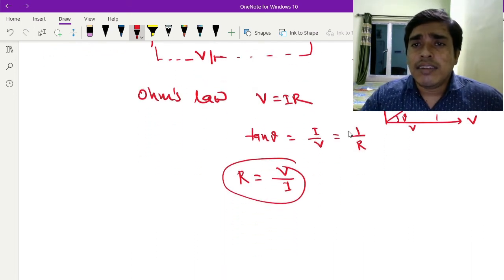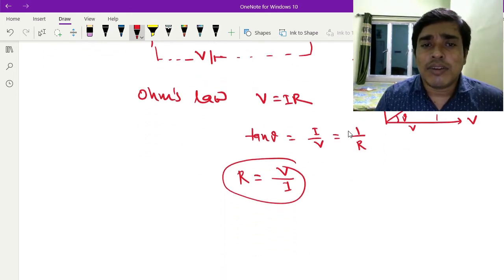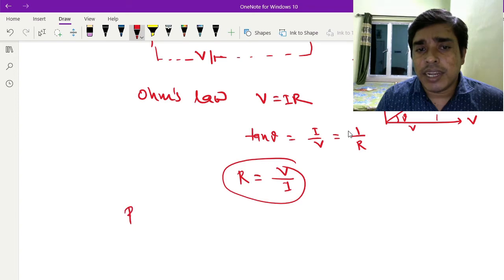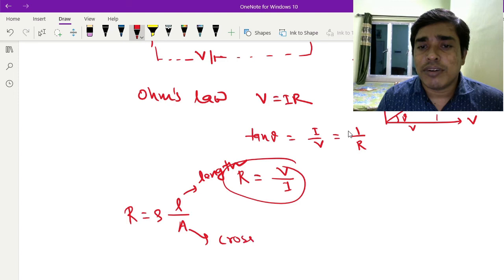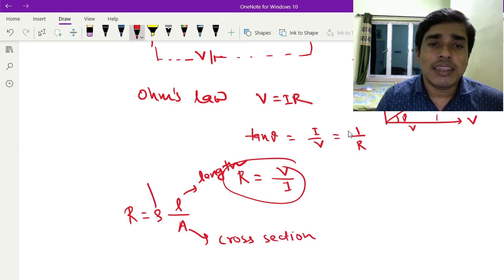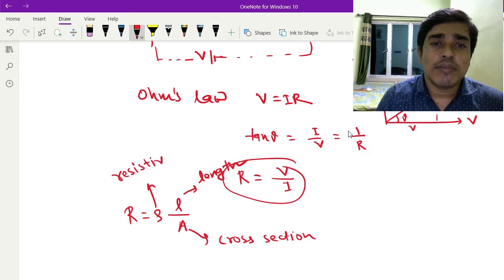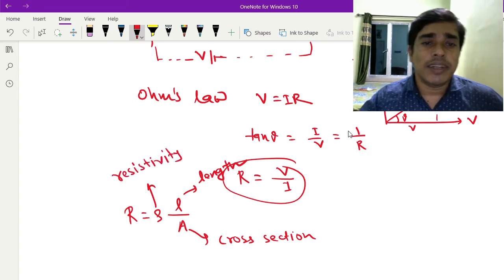The resistance of a conductor is given by rho L by A, where L is the length of the wire, A is the cross section of the wire, and rho is the resistivity of the material.